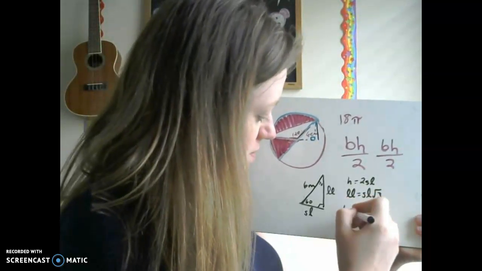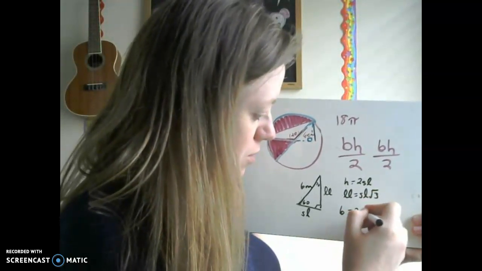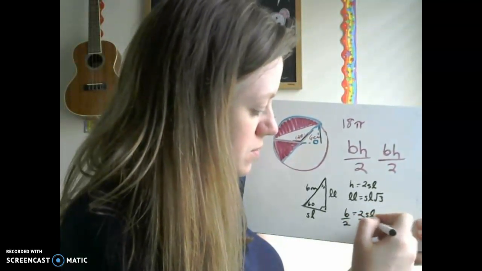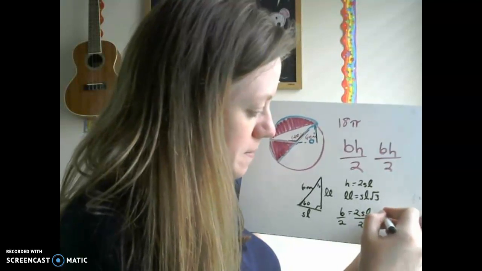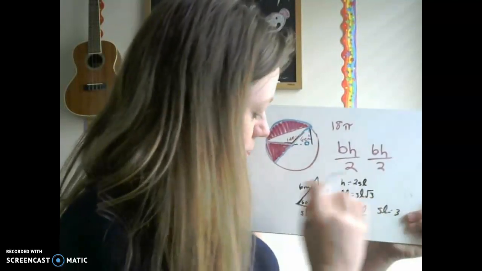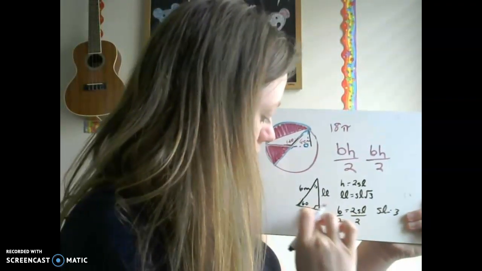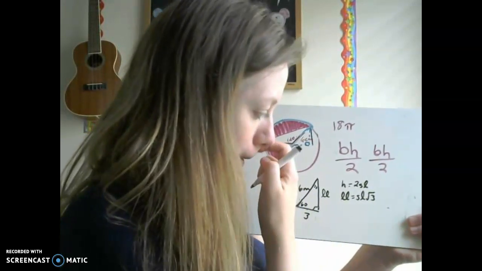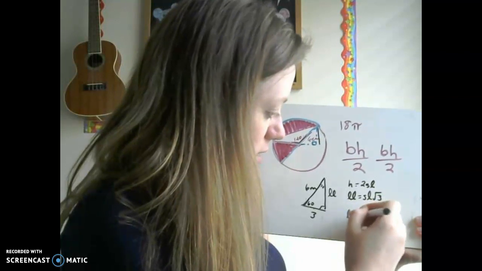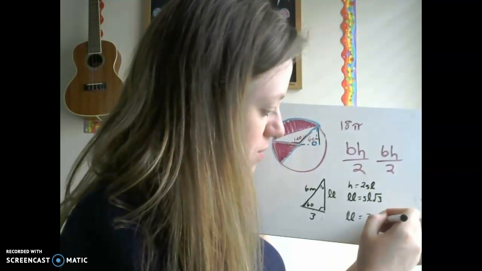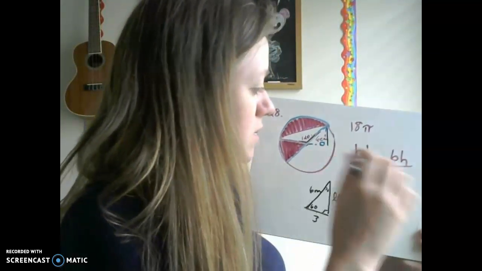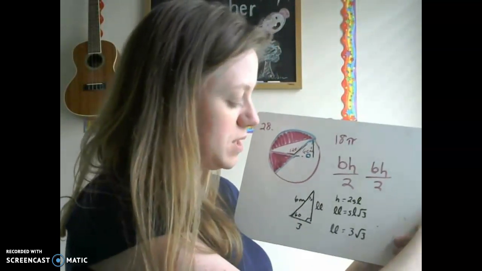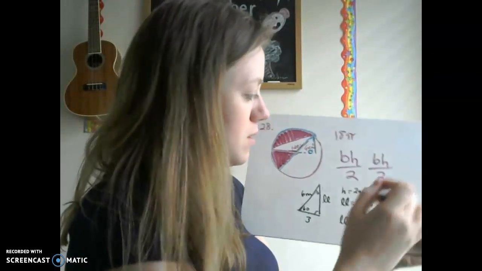Hypotenuse, which is 6 centimeters, equals 2 times the short leg. So divided by 2, the short leg is 3. Which means that the long leg equals 3 times the square root of 3. So that's the long leg here, that's the height of this triangle, is 3 times the square root of 3.